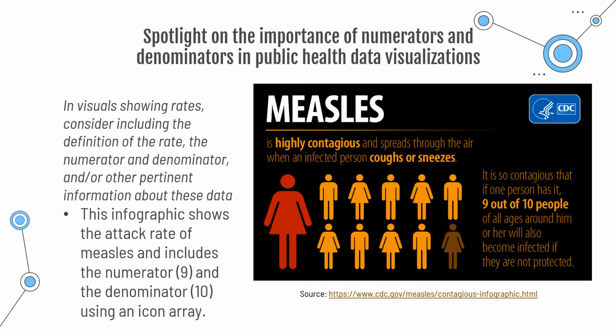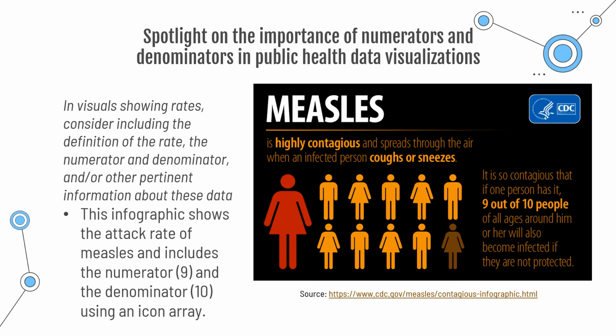And it includes the numerator of 9 and the denominator of 10 in the infographic using an icon array to show the attack rate of measles. So you can see that the numerator and denominator are represented visually, and the designer of the graphic also included the contextual information of what this actually means.